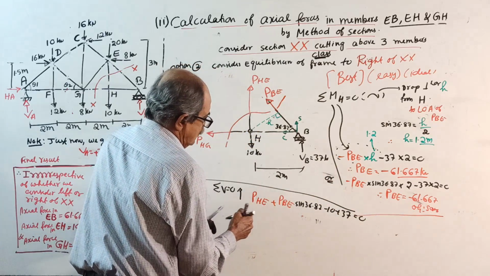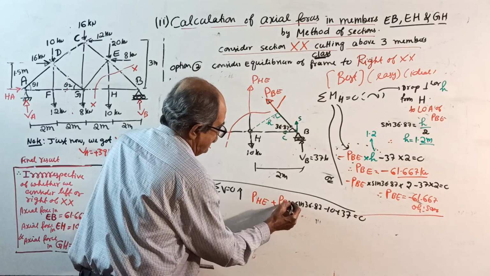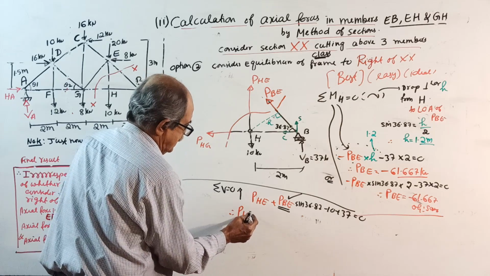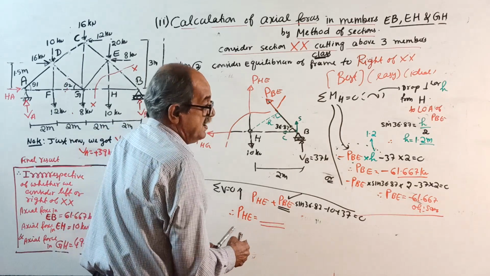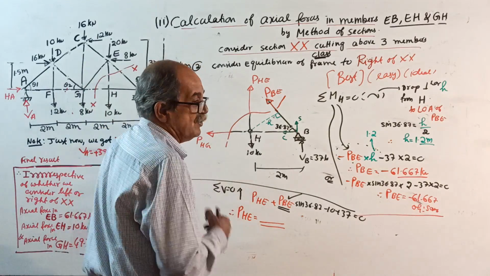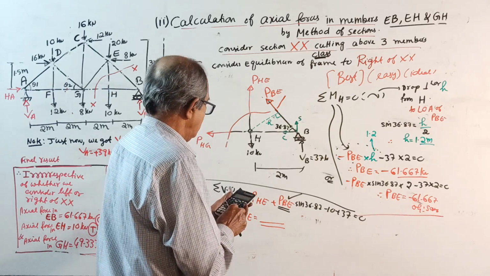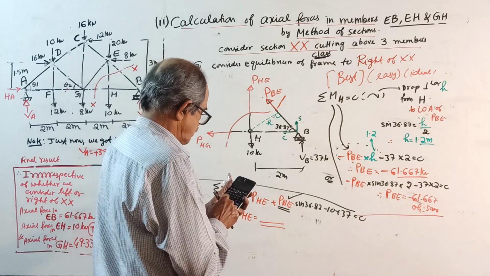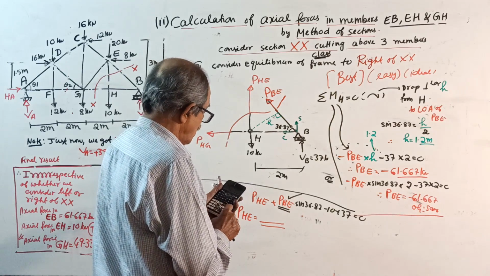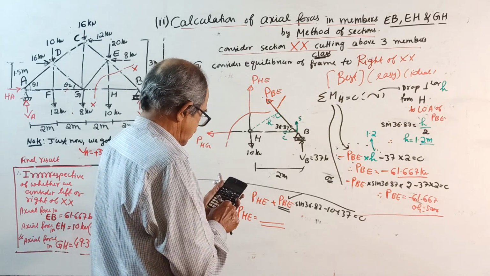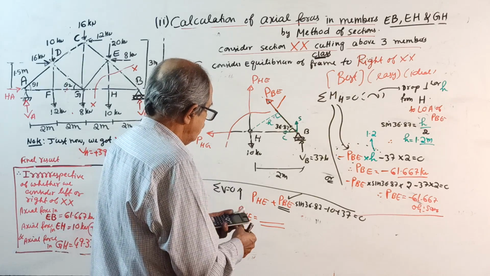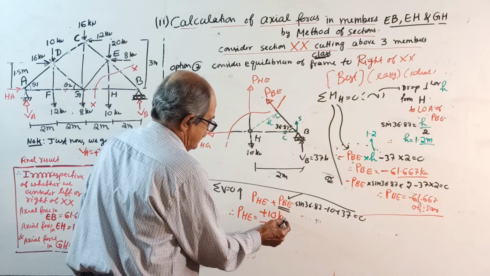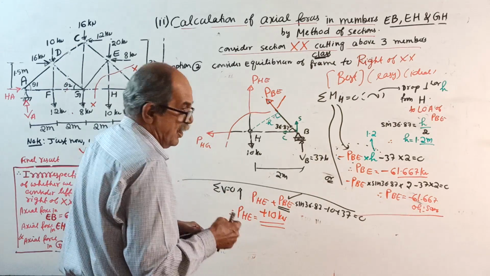PBE is already known. Substitute that value. Therefore, you get the value of PHE. PHE has to come 10 kilonewton. Why? Four force rule. PBE 61.6667 into 0.6, minus 10 minus 37, is plus 10 kilonewton.